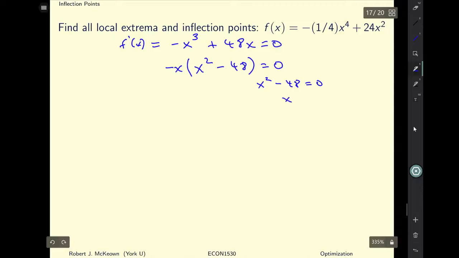And that's going to give me x equals plus or minus the square root of 48. We'll say that that's approximately 6.93, plus or minus.